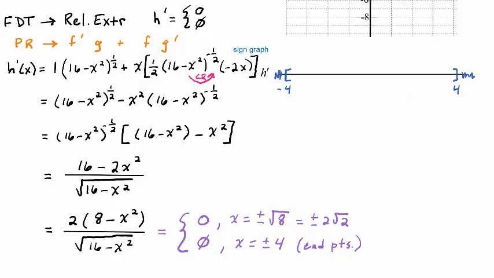Now, when you're thinking about where radical 8 will fit in, we know that radical 8 is going to come between radical 4, which is 2, and radical 9, which is 3. So when you're plotting 2 rad 2, or radical 8, you're just going to pick a point somewhere between 2 and 3.